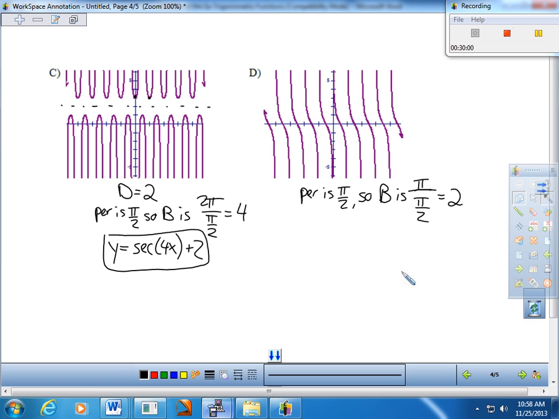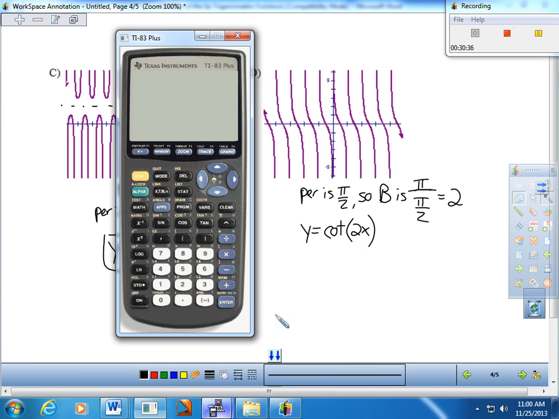So I think, and just to kind of get this piece moving along a little bit, it looks like we want cotangent because that's what really matched up nicely there. And the period is less, and so what that means is the b value is going to be a little greater, and I think we're going to go cotangent of 2x there. Well, let's see. You know, some of this may be a little trial and error as you look at this and you try to match some graphs with some functions.